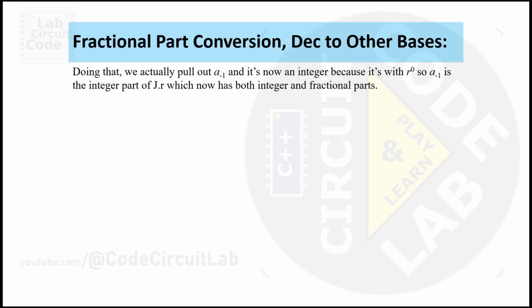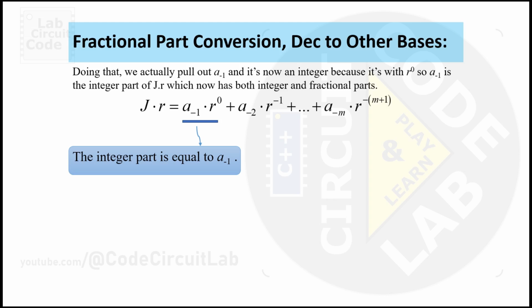Doing that, we pull out a minus 1, and it's now an integer because it's with r to the power of 0. So a minus 1 is the integer part of jr, which now has both integer and fractional parts. The integer part is equal to a minus 1.